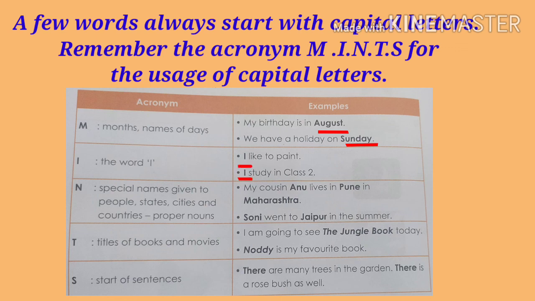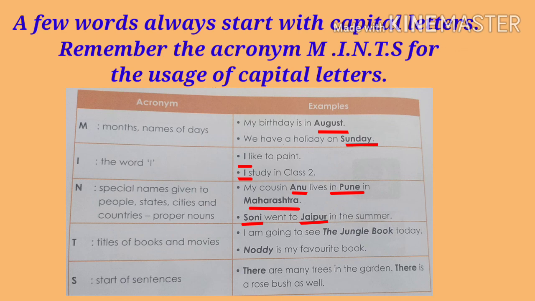Then in the third example: My cousin Anu lives in Pune in Maharashtra. And the next is: Sony went to Jaipur in the summer. In these examples, Anu and Sony are names of people, so they start with a capital letter, and Pune, Maharashtra and Jaipur are names of cities and states, so they start with a capital letter here.